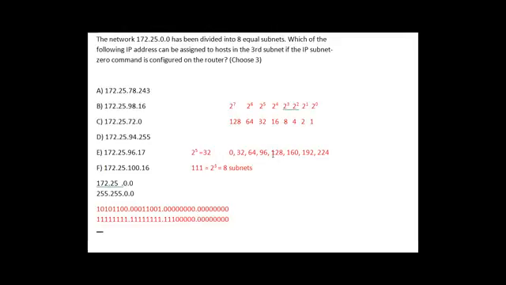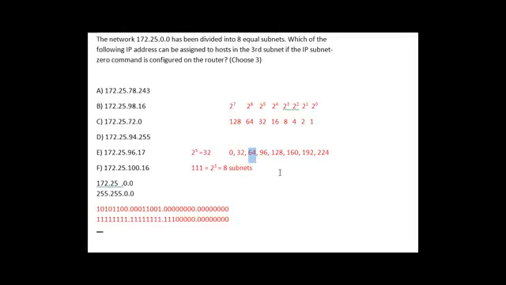Then they say they want hosts in the 3rd subnet if the IP subnet 0 command is configured. What does that mean? All that means is that we can use the 0 subnet. So if we can use the 0 subnet, then the 3rd subnet would be the 64 subnet, meaning 64 to 95.